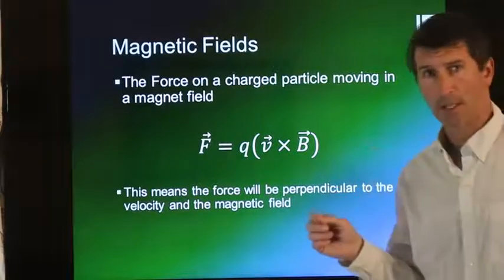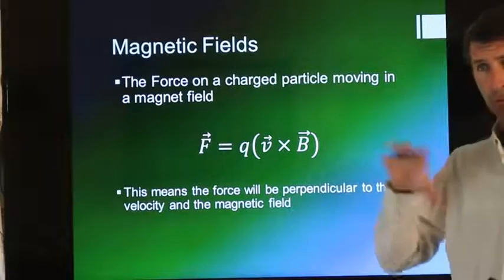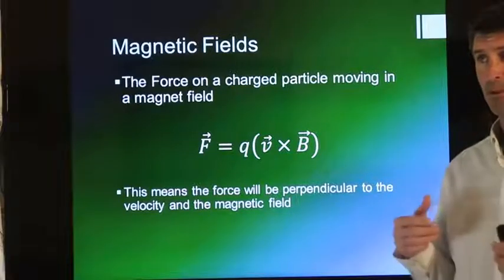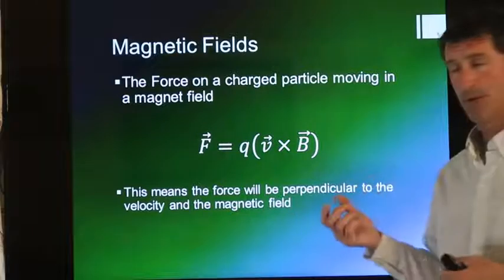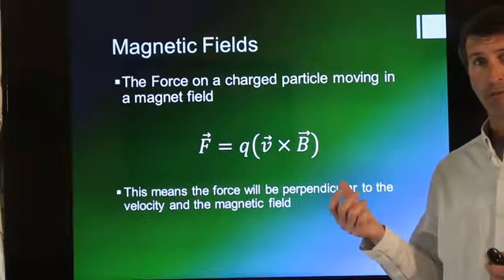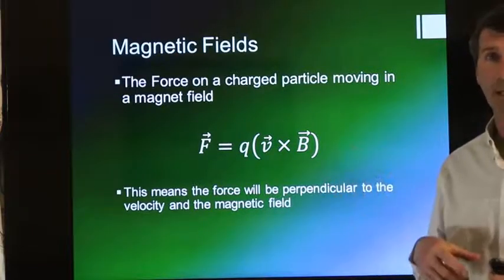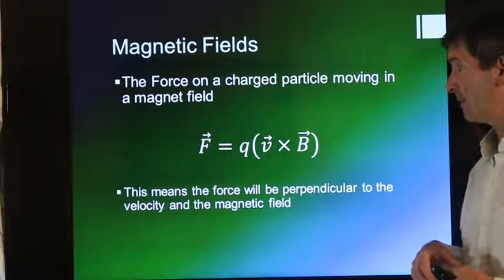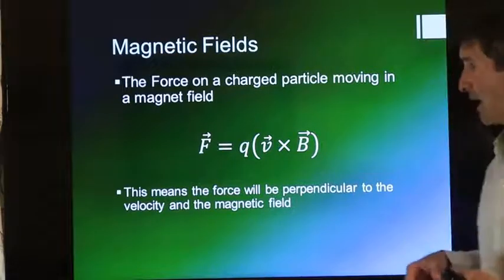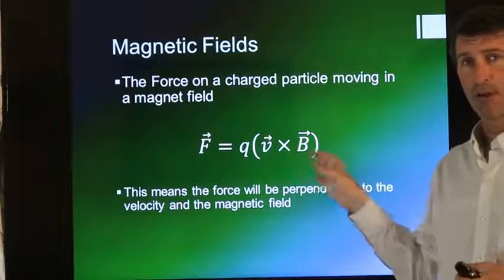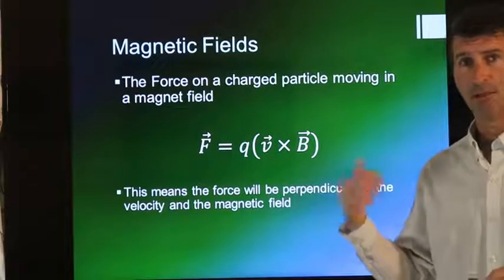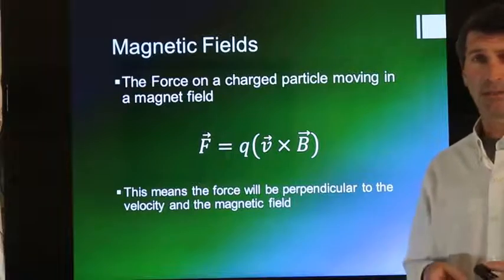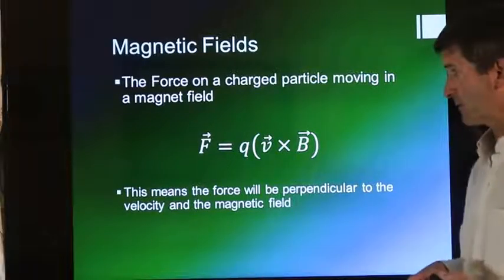Now with a dot product, you're taking the product of the two scalar values of the vectors, and then you're multiplying it times cosine. In this case, you're taking the scalar values of each vector right here and multiplying it by sine of theta, where theta represents the angle between the two vectors.